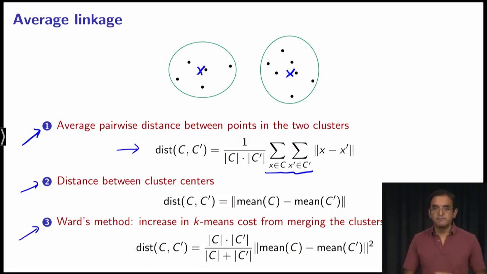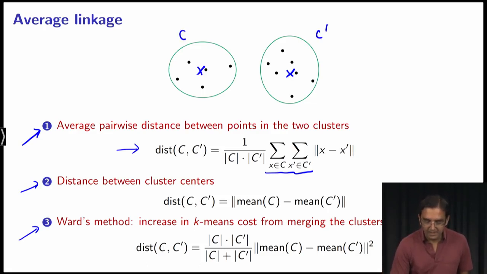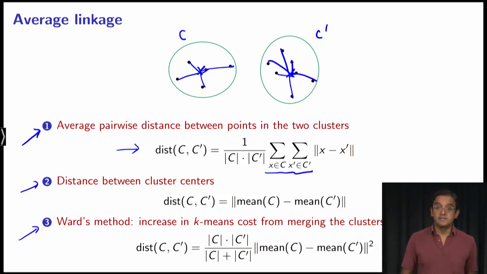Well, if you look at this picture, there are two clusters, C and C prime. What is the k-means cost? It's just the distance to the closest center. So it would be this distance plus that distance plus that distance, and so on, and you have to square the distances. And then this plus this plus this, and you have to square the distances. So that's the starting k-means cost.